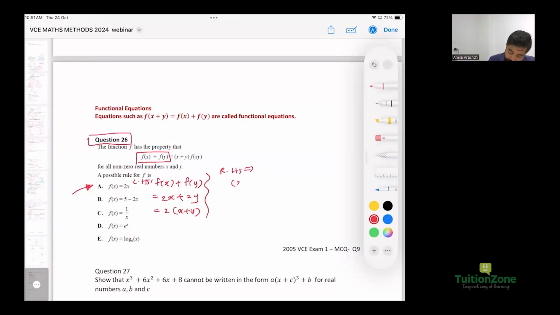What do you have? x plus y. Then f of xy, which is what? f of x is 2x. What's f of xy? Which is 2 of xy. See that? So do you reckon this answer and that one are the same?